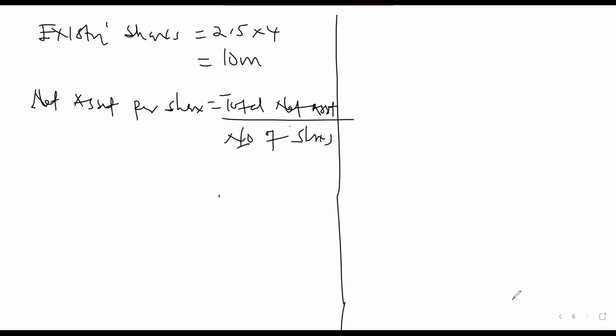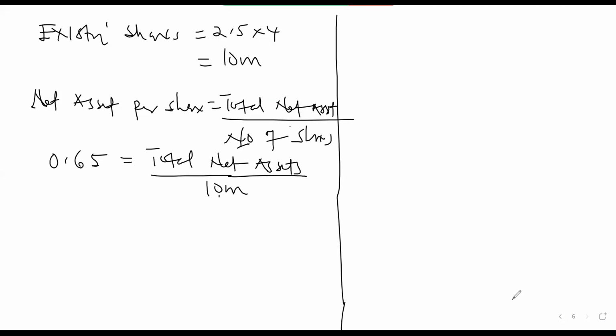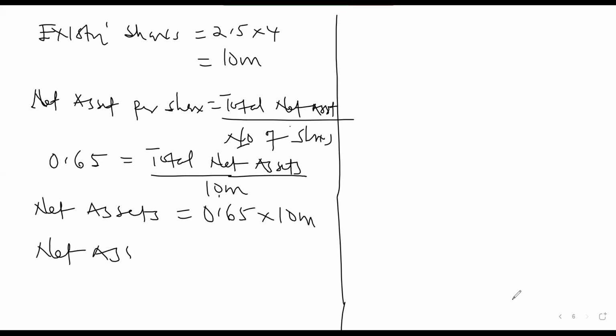We know the value is 0.65 and we don't know our total net assets, but we know our number of shares to be 10 million. So we can say that our total net assets will be 0.65 multiplied by 10 million. So the net assets will be 6.5 million.